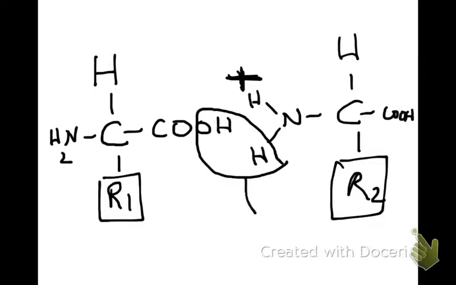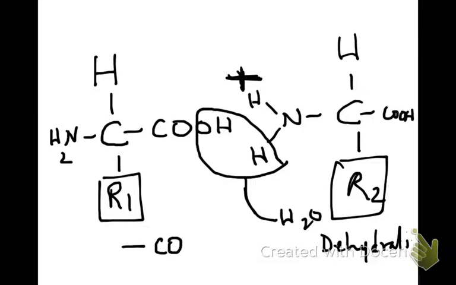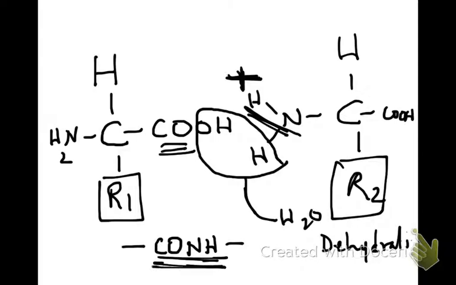So it loses a water molecule. So there is a dehydration taking place. What you get is, putting all of this as the same, I get a CO and an NH. This is the CO, this is the NH that got bonded here. This is the peptide bond.